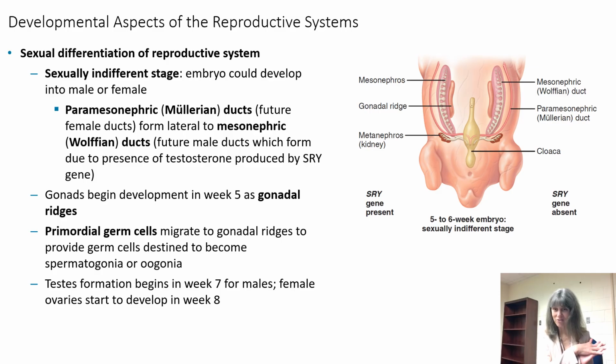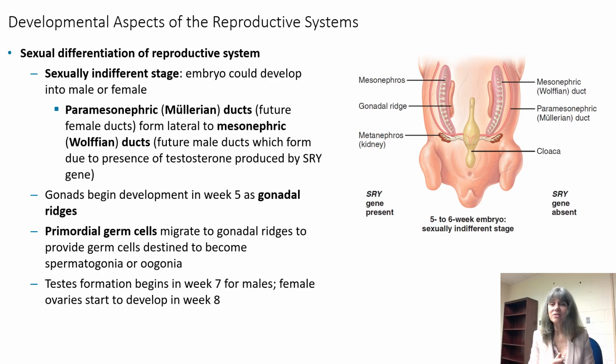Hopefully you'll remember that from AMP1, where we have the endoderm, the ectoderm, and the mesoderm. About day 16 of life, the cells have formed an embryo that is sexually indifferent. And that means that this embryo could turn into either a male or a female.